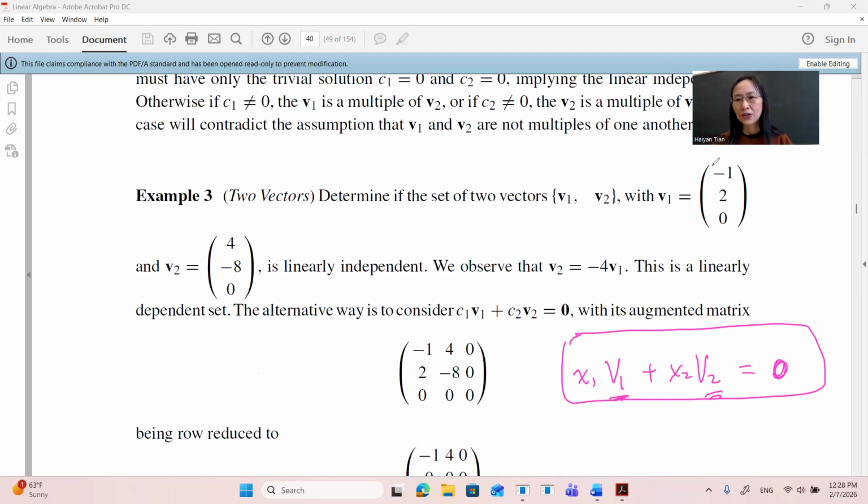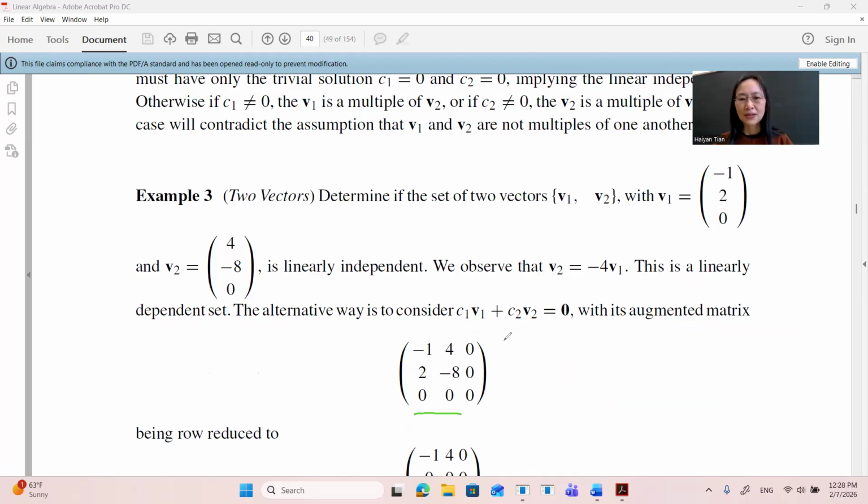So put the first vector, second vector right here, and the zero vector here. We put an augmented matrix because it's always easy to solve when you write it, and then you solve it.